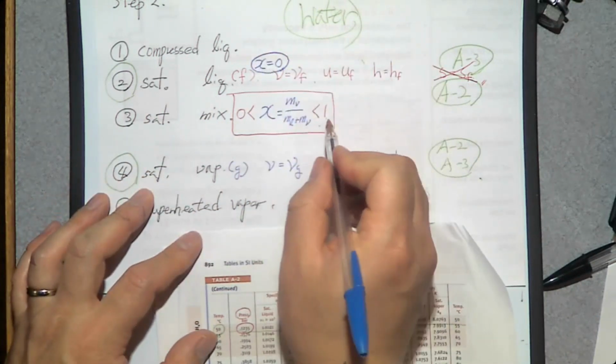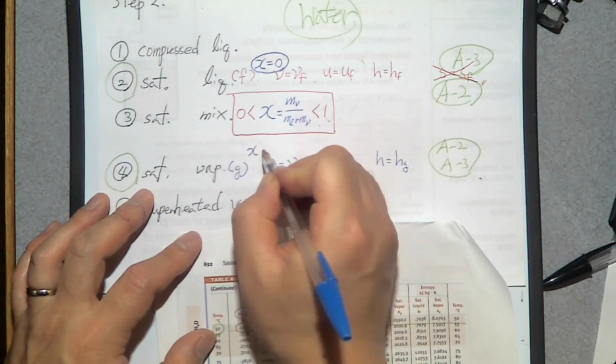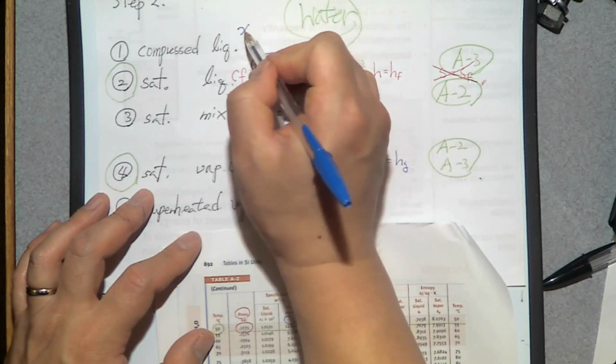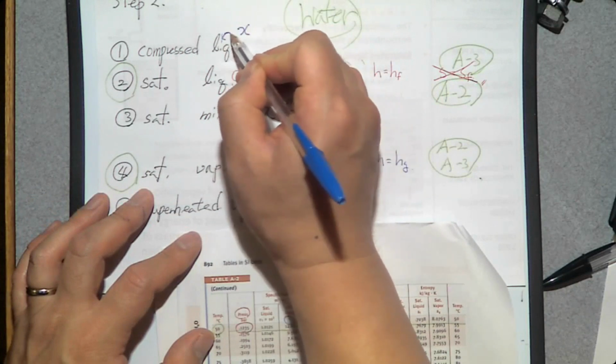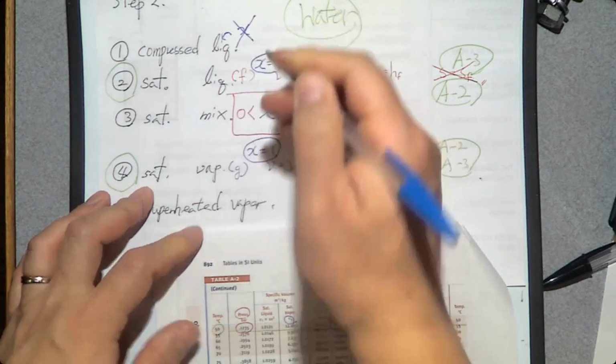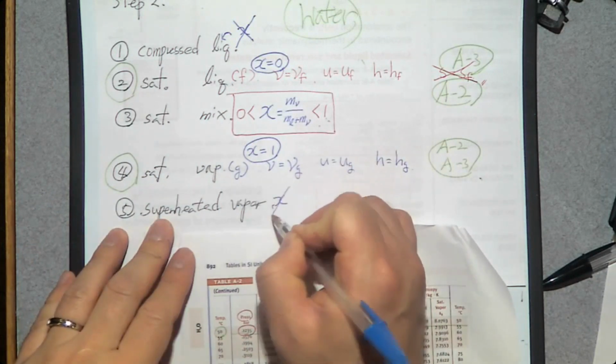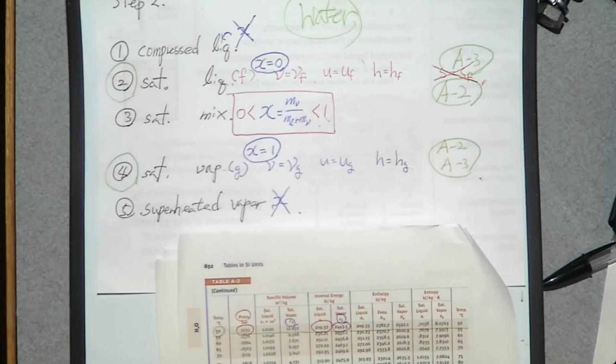If quality x is 1, it is saturated vapor. What about the quality x for compressed liquid? There is no quality x, because quality x is the ratio between saturated liquid and saturated vapor. If your system is away from saturation, then there is no quality x. So there is no quality x for a compressed liquid or superheated vapor.